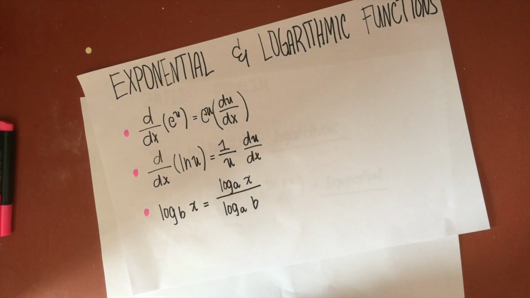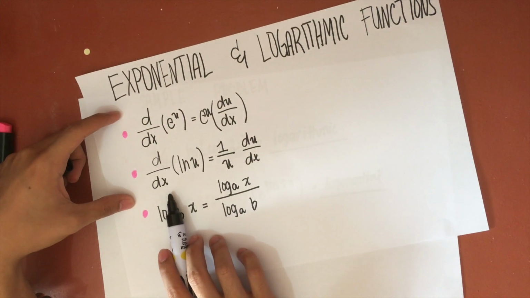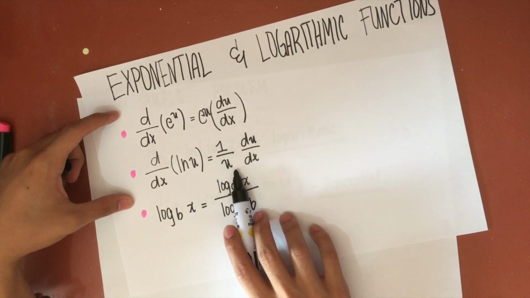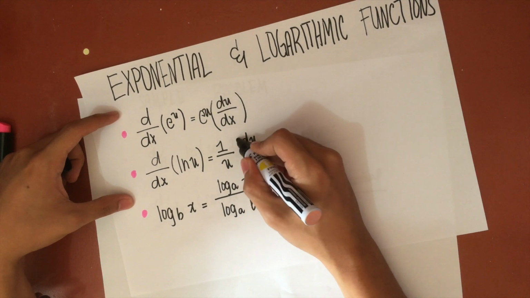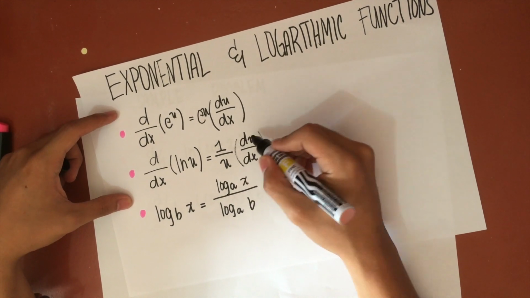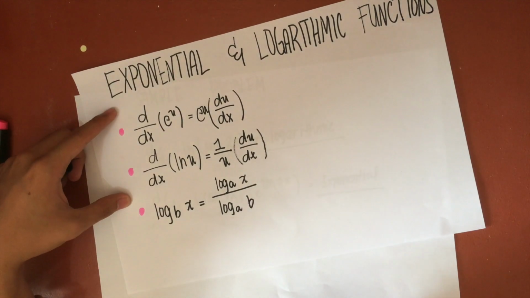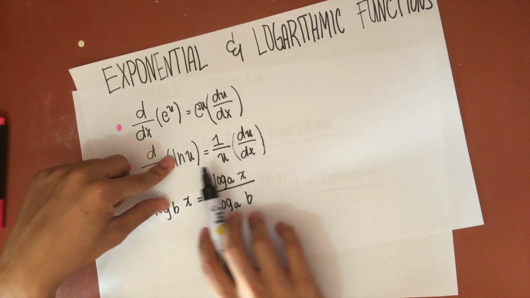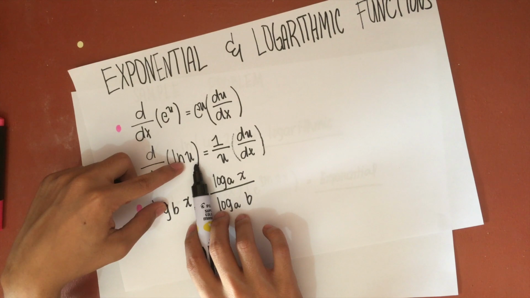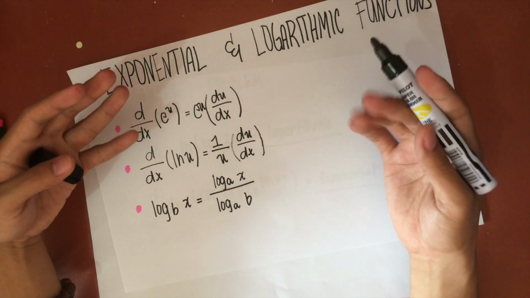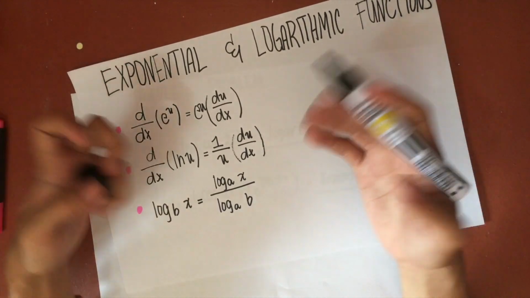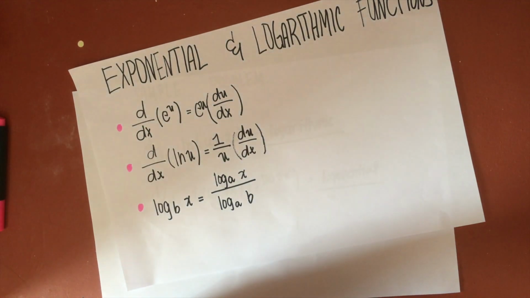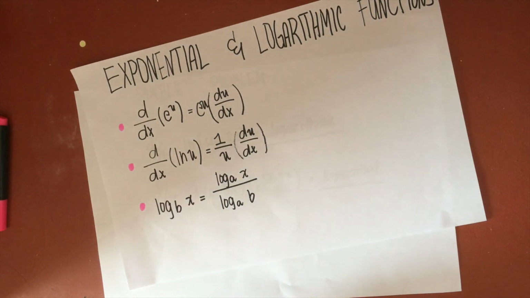Next, d/dx of ln u equals 1 over u times du/dx. Your u here could be the argument of the ln in a problem that you encounter. I'll teach you later how to solve natural logarithmic functions.